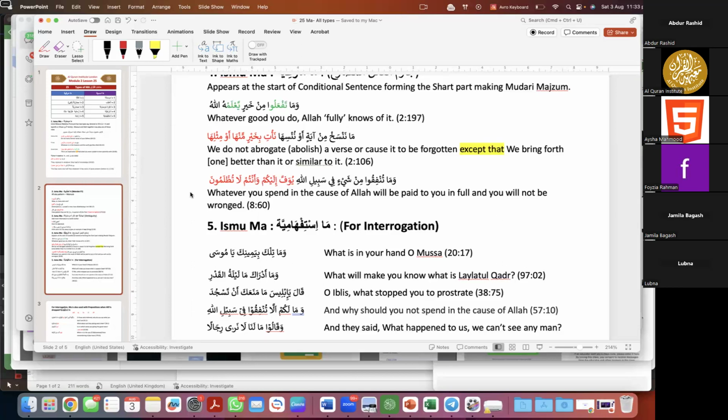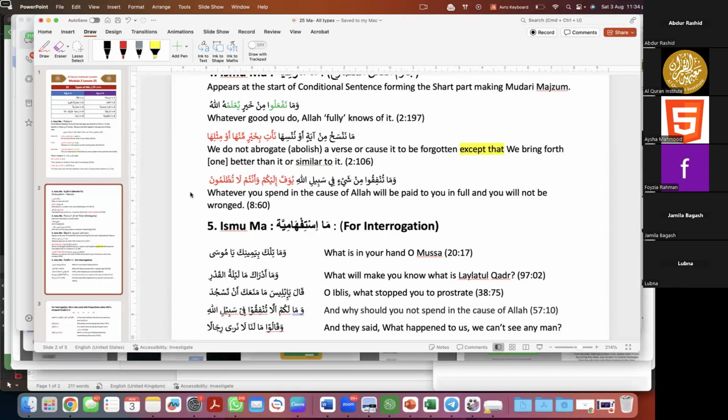Now tell me, not related to this topic, wa antum la tuzlamun, what is the grammatical explanation of that? You all know that. Is it mubtada khabar like that, or is it special?